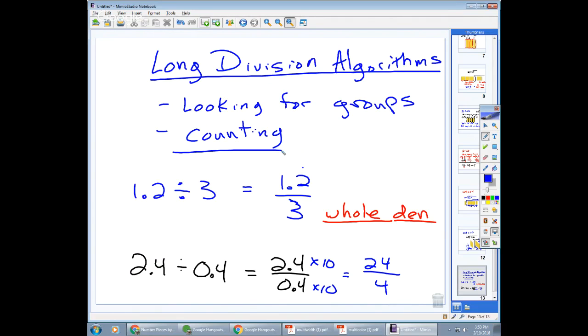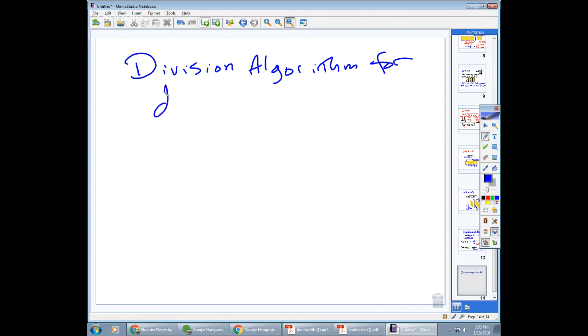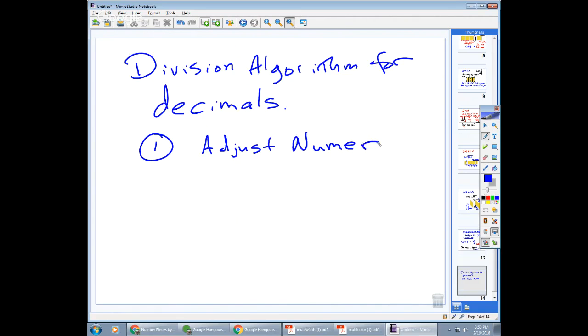There's one other trick to it. So the division algorithm for decimals. There's 2 parts. One is we want to adjust the numerator and the denominator.